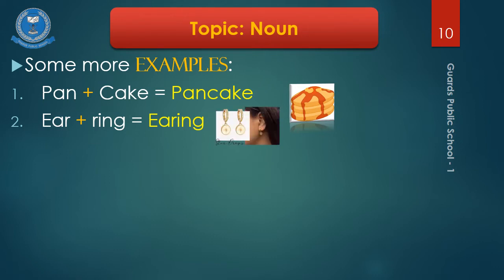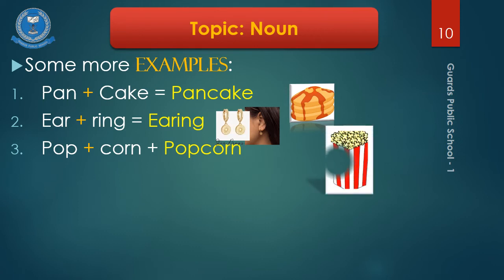Can you see the picture of an earring? All right. Number 3, pop plus corn is equals to popcorn. Now, here is the picture of a popcorn.